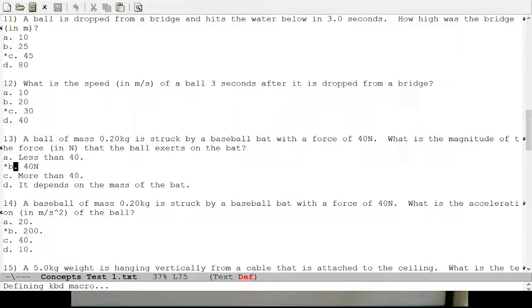A ball of mass 0.2 kilograms is struck by a bat with a force of 40 newtons. What is the magnitude of the force that the ball exerts on the bat? Well, it's the same as the bat exerts on the ball by Newton's third law. So if the bat hits the ball with a force of 40 newtons, the ball hits the bat with a force of 40 newtons.